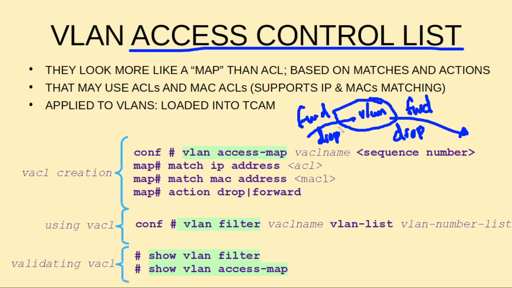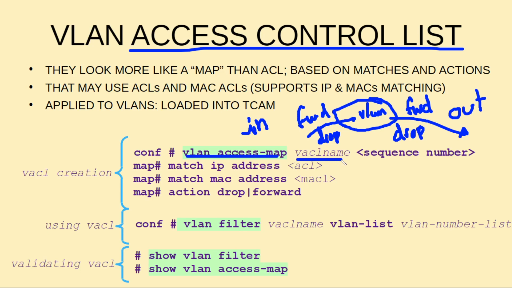So notice that this feature works in both directions, in the inbound and outbound direction. We don't get to decide what direction we want to use it for. It is going to work in both directions by default.